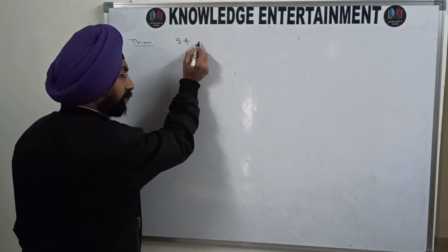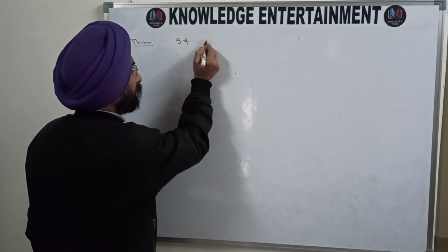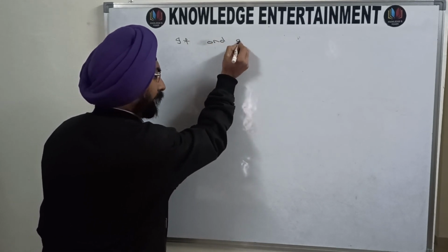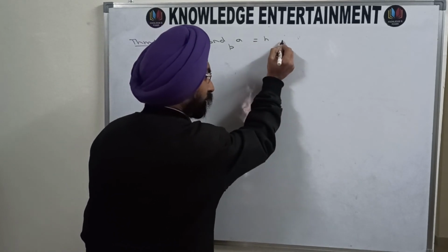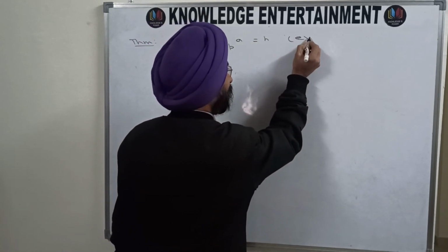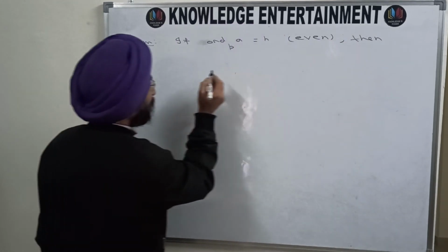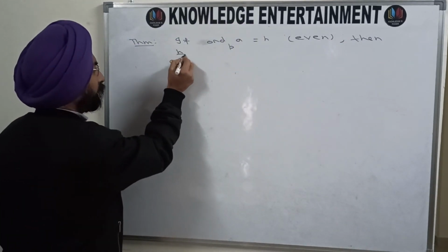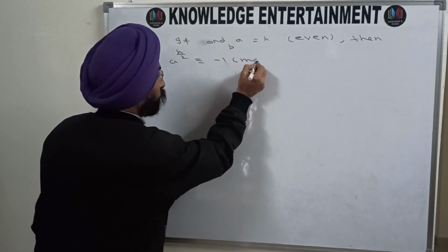If the order of A modulo P is h, where h is an even integer, then A raised to the power h by 2 is congruent to minus 1 modulo P.